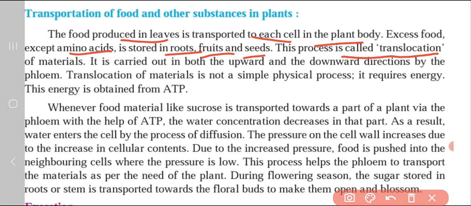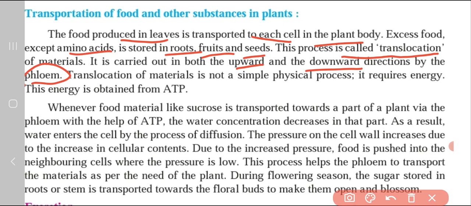So what is translocation? It's a process in which food produced in leaves is transported to each cell in the plant. Excess food, like the things which are produced in the form of starch in the plant body, except amino acid, is stored in roots, fruits, and seeds. This is carried out in both upward and downward direction by phloem.